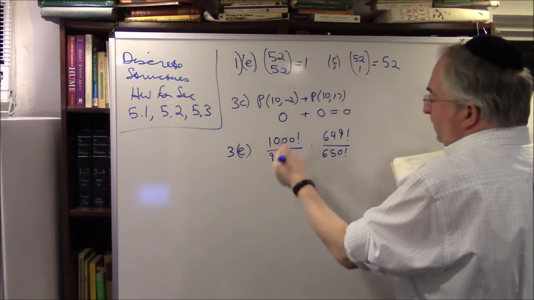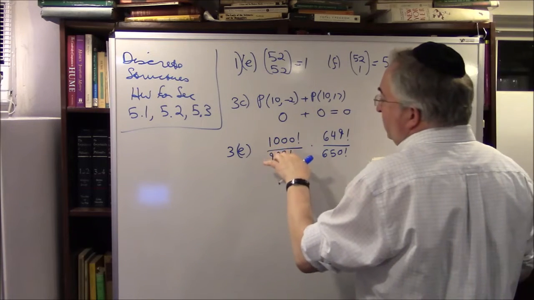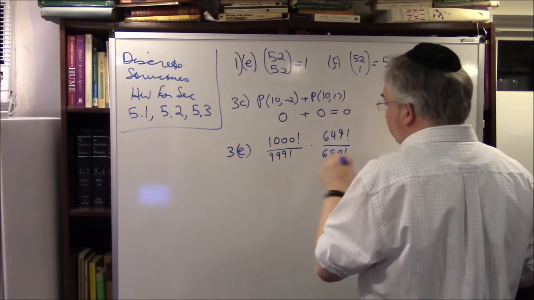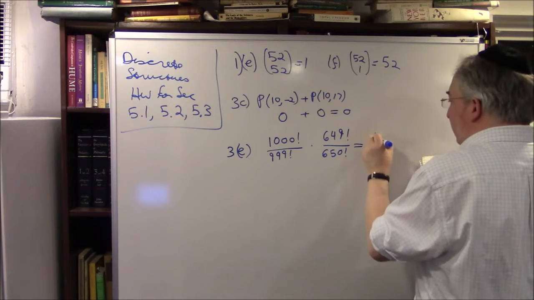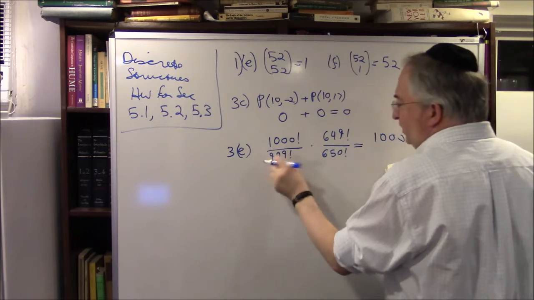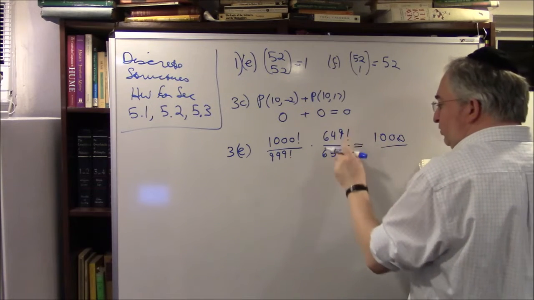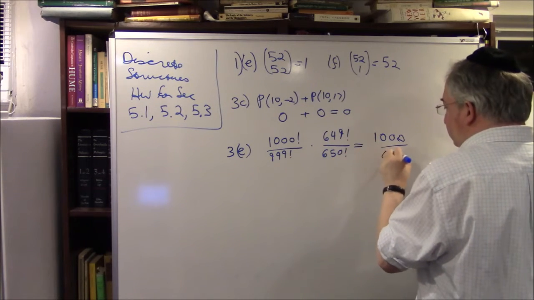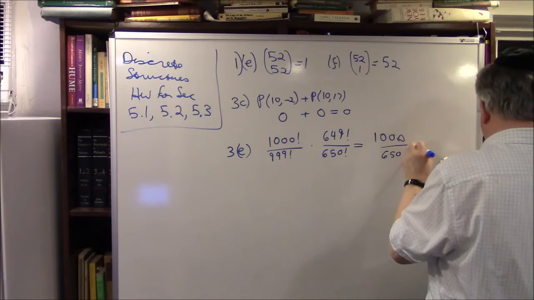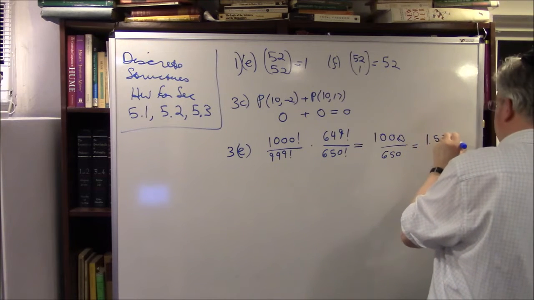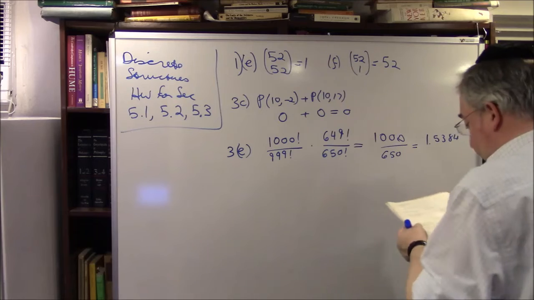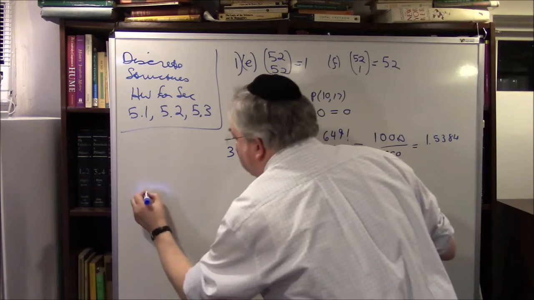Now, 1000 factorial is basically 1000 times 999 factorial. So that becomes 1000. These two cancel out, and you're left with just 1000 on top. And these two cancel out, and basically you're left with 650 on the bottom, which is equal to 1.5384. Great.